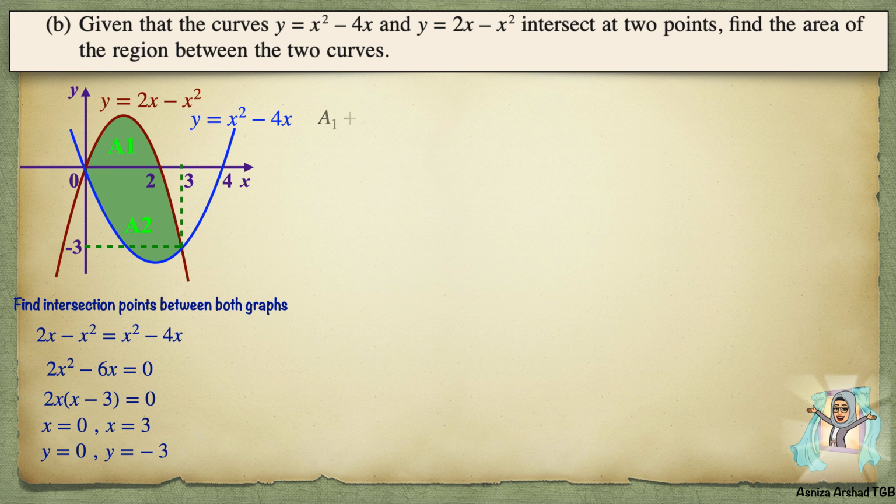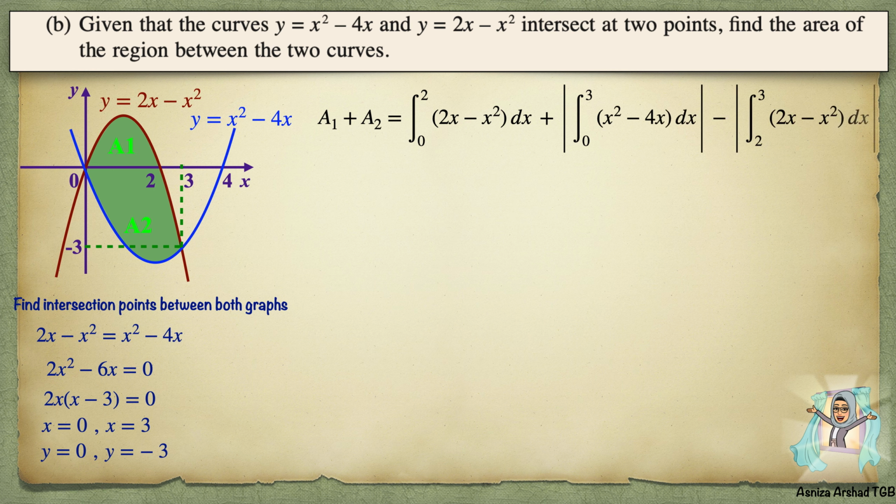Another will be area 2, where area 2 will be the area from 0 to 3 of the curve x squared minus 4x, and then we have to subtract the region between 2 and 3 of 2x minus x squared dx, because area 2 is between the blue curve and the x-axis.